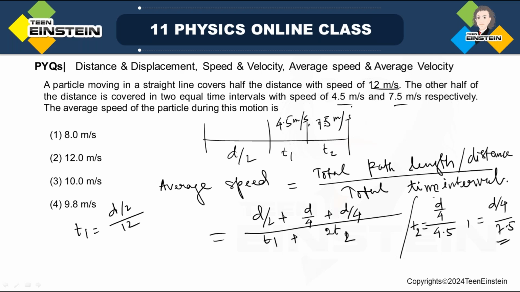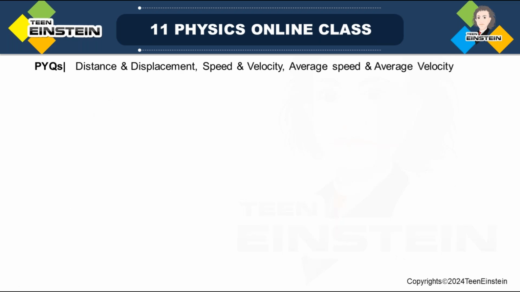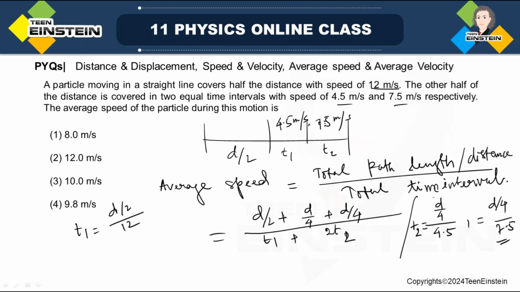Okay, let me just go to the next page to get some space. So the question was that half of the distance is covered with speed 12.